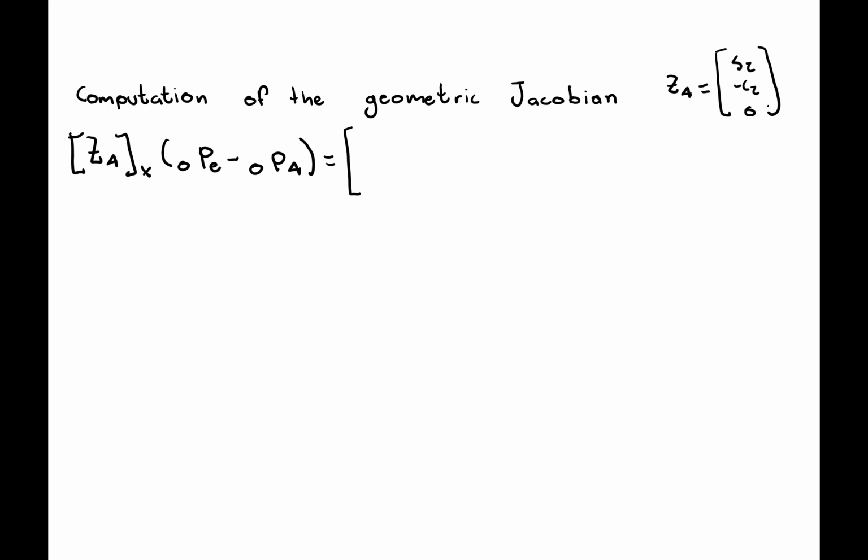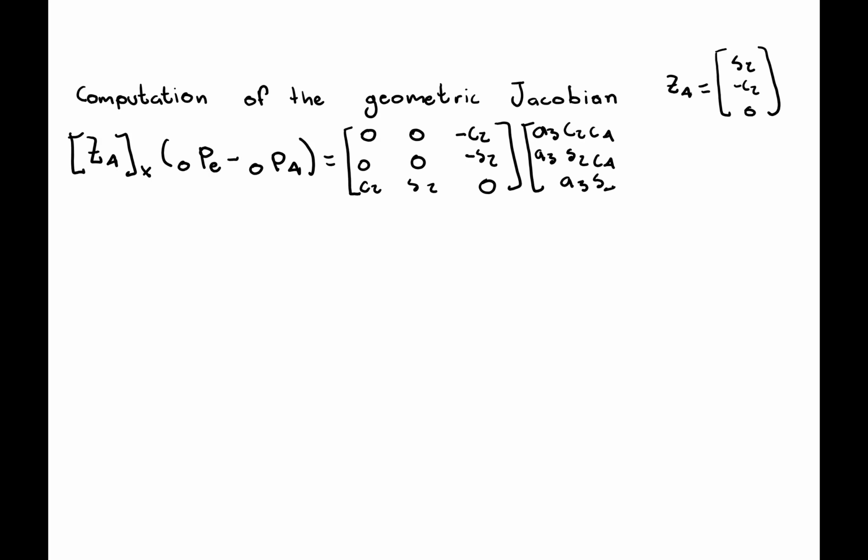Okay, so our skew symmetric matrix becomes 0, 0, minus cosine 2, minus sine 2, and then this is 0, 0, cosine 2, sine 2, 0, times A3 cosine 2 cosine 4, A3 sine 2 cosine 4, A3 sine 4.